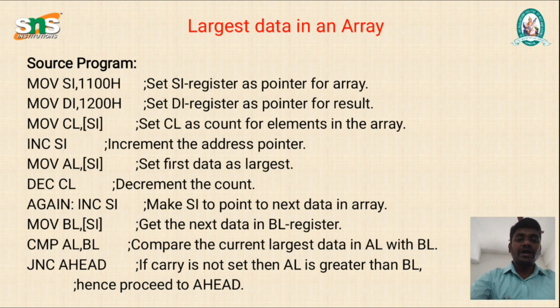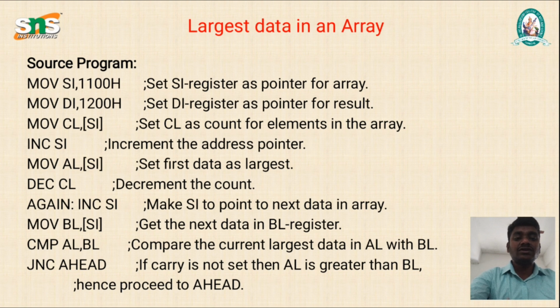Now we have two values, in AL and BL. The two registers have two values, and we have to compare them. When comparing these two, we can find out which one is the largest. The instruction for comparison is CMP AL, BL. After the comparison, we use the jump command, that is JNC.